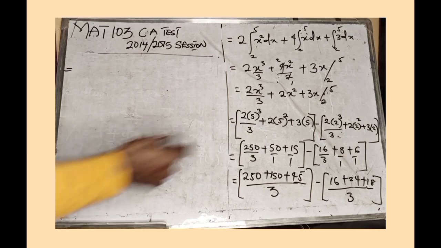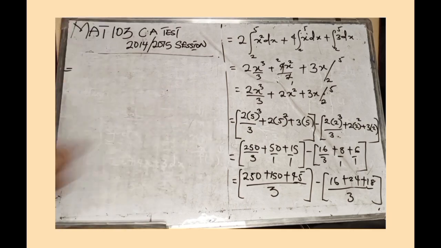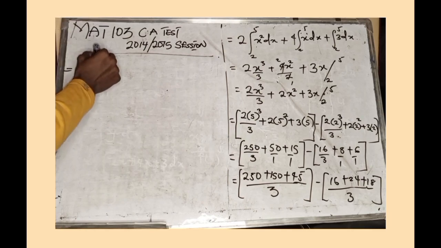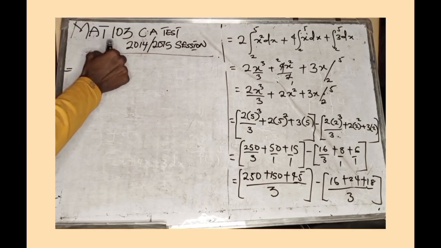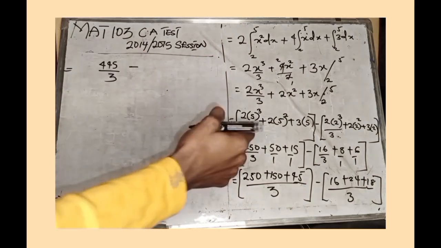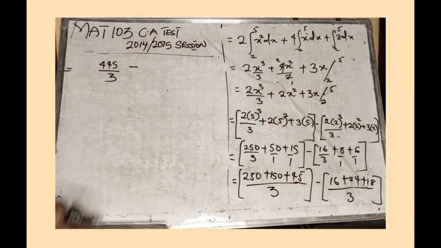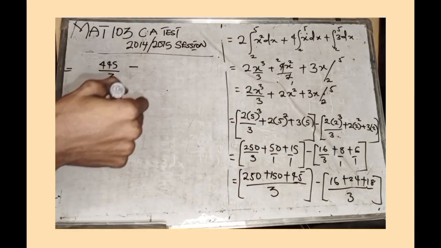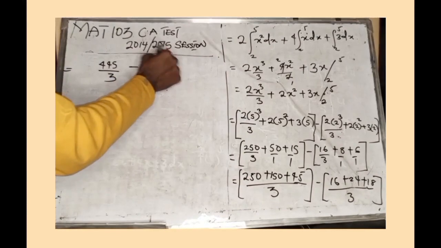Good. So if I add 250 plus 150 plus 45 would give me 445, over 3. Then minus 16 plus 24, then plus 18 would give me 58. 58 over 3.